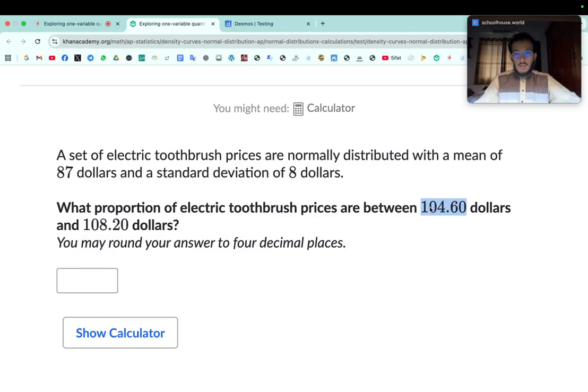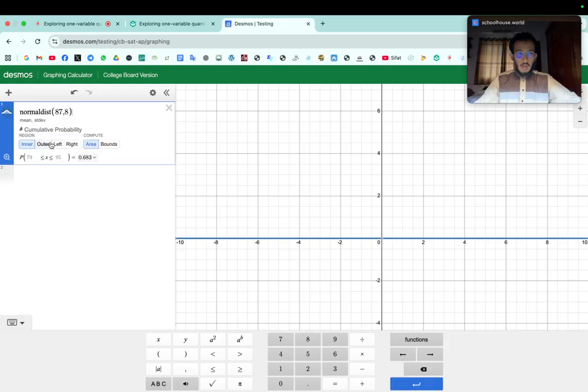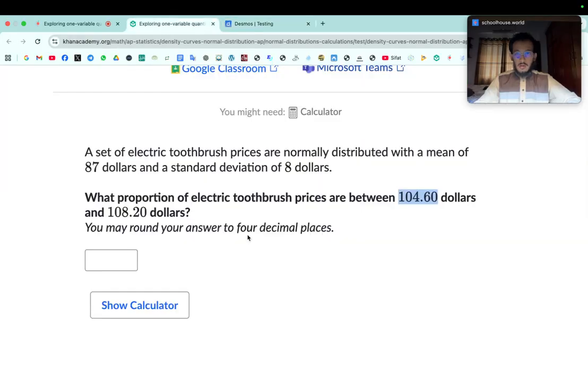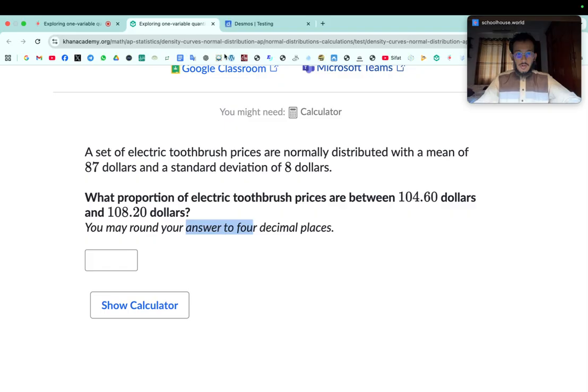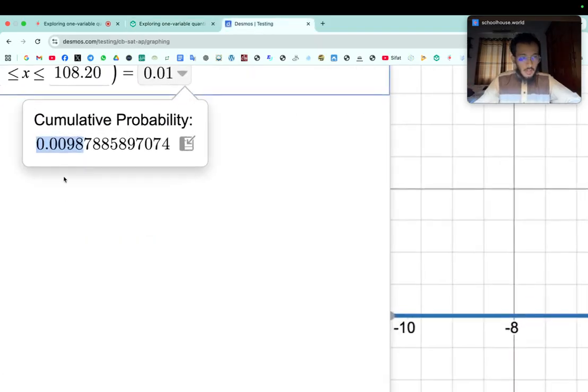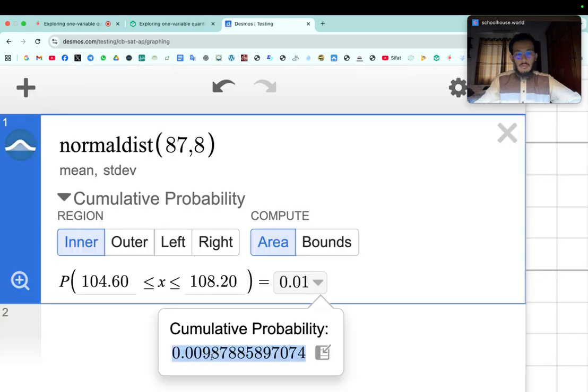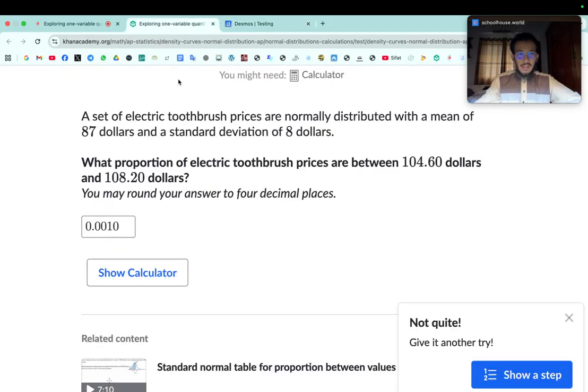They want us to find the proportion of electric toothbrush prices between 104.60 and 108.20, rounded to 4 decimal places. I rounded it to 3 decimal places, so it is 0.0099. Yep. Silly mistake. 0.0099.